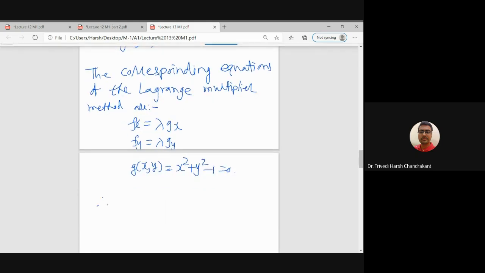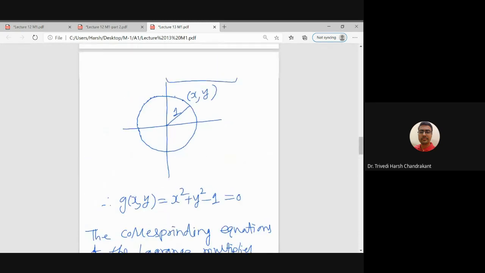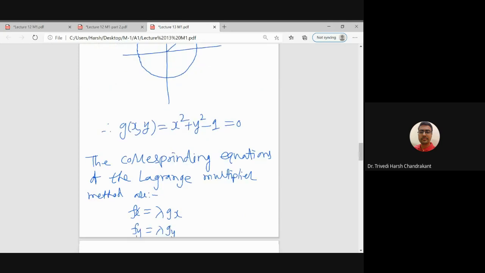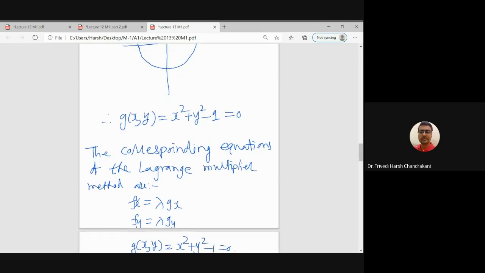Now let us substitute the partial derivatives of f and g. The function is x square minus y square, so fx is 2x and fy is minus 2y. Similarly, gx is 2x and gy is 2y.